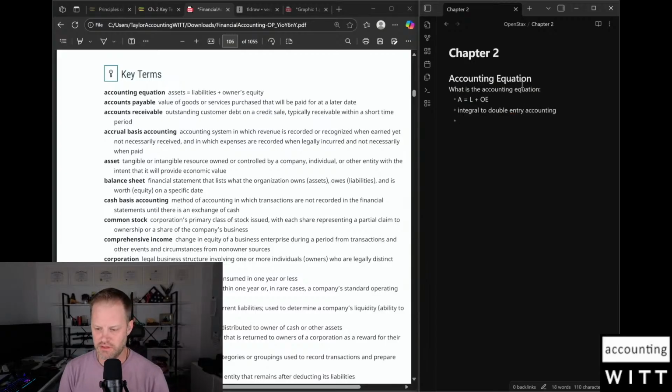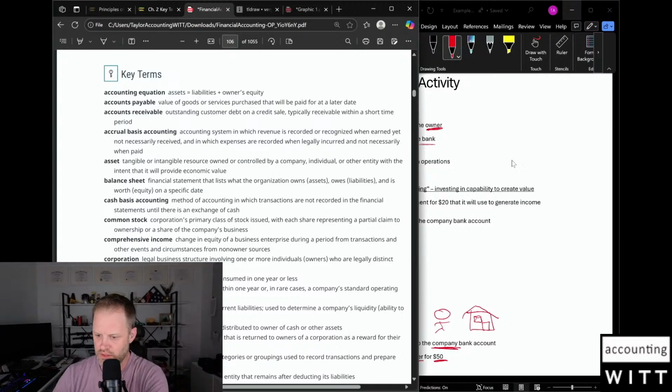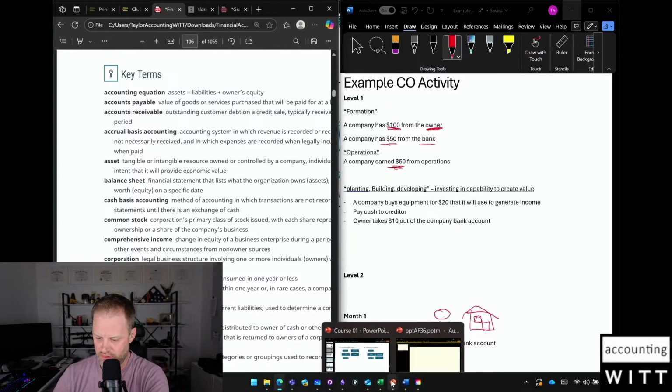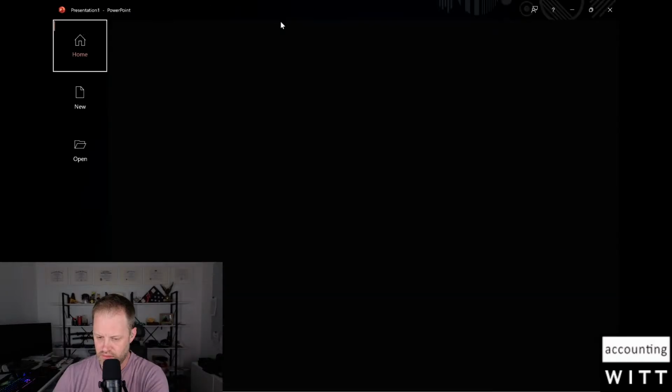The way I would graphically show it is the box diagram with the center line, each side balancing. So I need to be able to draw, so this markdown is not going to work. I think it has to be a slide. We're going to have to do a slide per term.